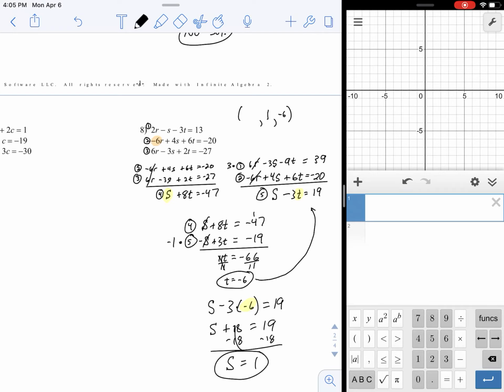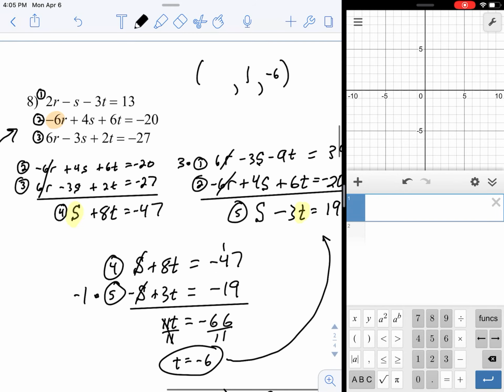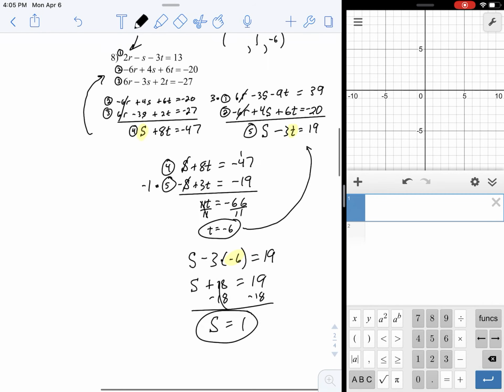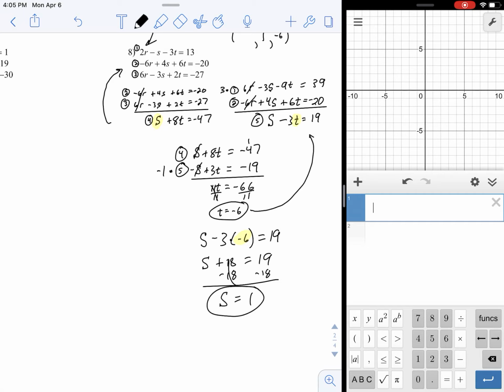Now all we have to do is solve for r. To solve for r, we need to back substitute to the previous step from where we just substituted. So we go up to one of the original three equations, either 1, 2, or 3. I'm going to choose equation 1 for no particular reason. I think it just looks a little easier. So if I take equation 1 here, 2r minus s, but s is 1, minus 3t, but t is negative 6, equals 13.